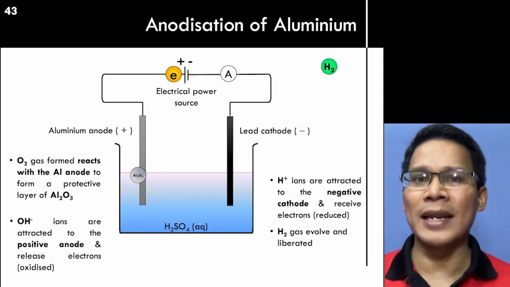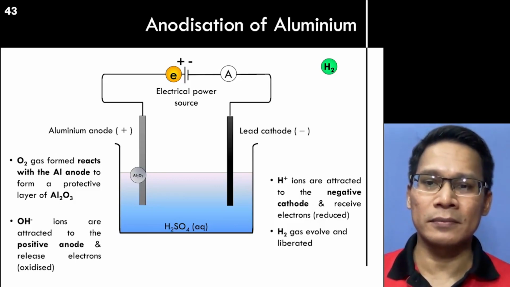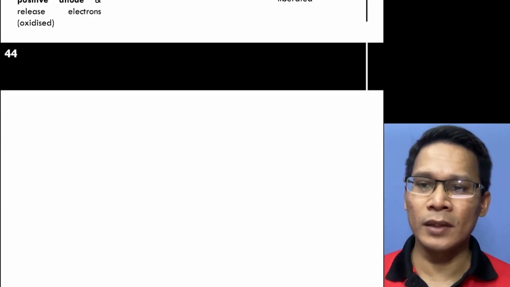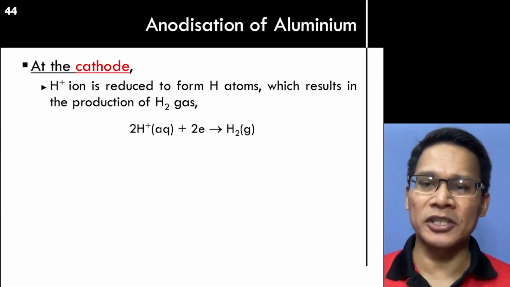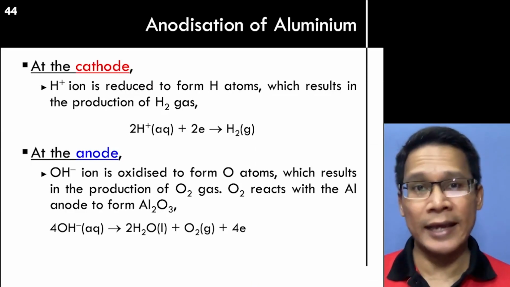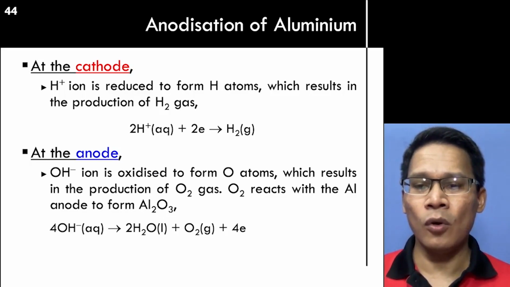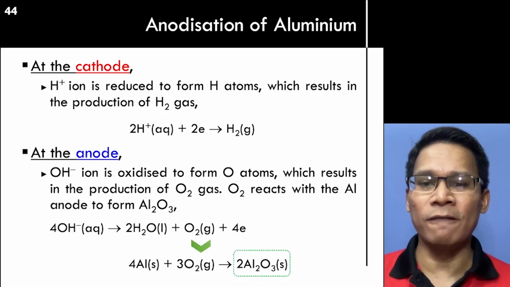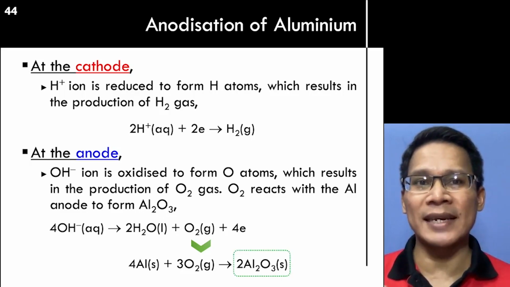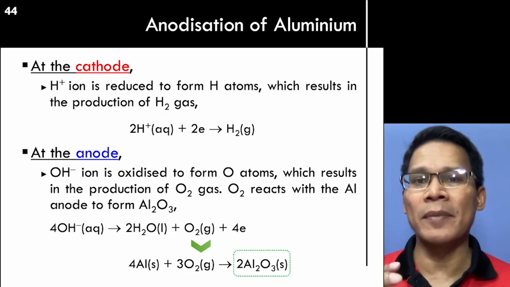This is the anodization process. These are the half reactions that occur at the cathode and anode. What is important here is the formation of aluminium oxide layer that surrounds and protects the aluminium anode.